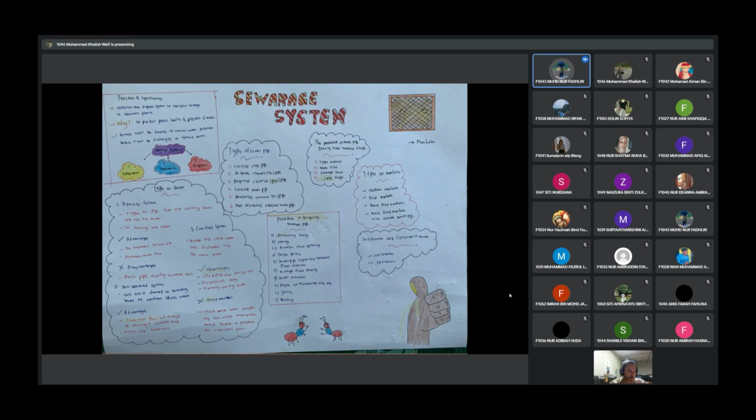Next is the type of sewage pipe. We have vitrified clay pipe, asbestos cement AC pipe, polyvinyl chloride PVC pipe, concrete sewer pipe, and reinforced concrete RC pipe.